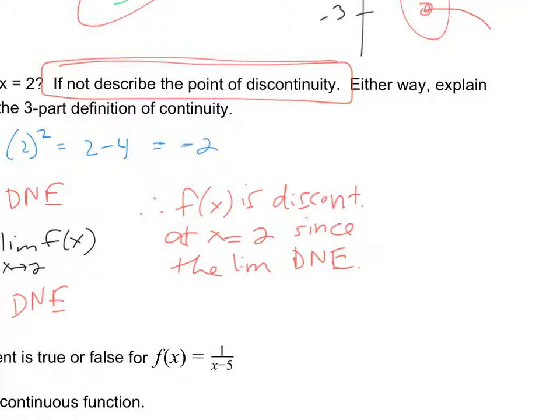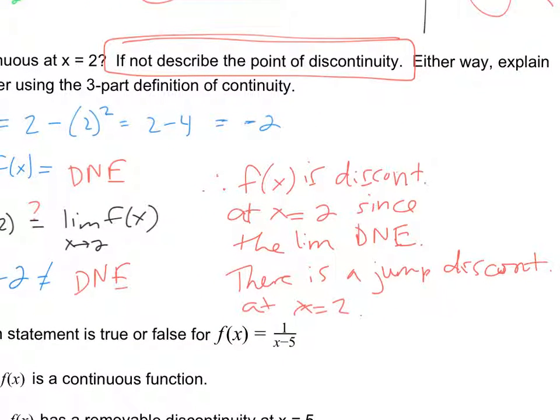So the limit does not exist. There's a jump discontinuity at x equals 2, or if you had said a non-removable discontinuity, I would have taken that as well. Okay, how would we get a removable point of discontinuity?